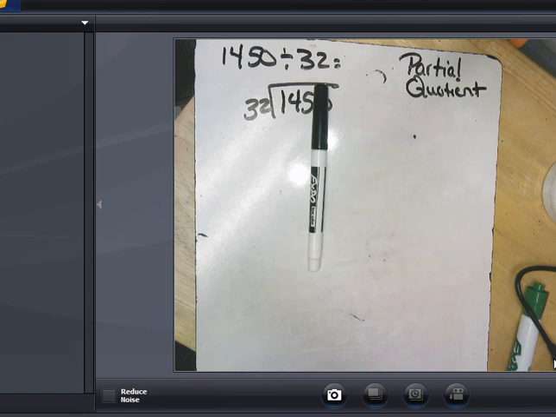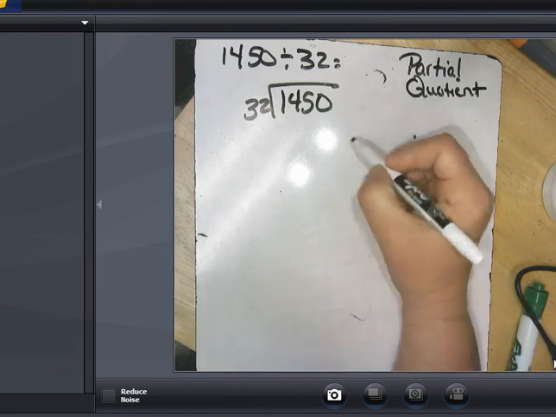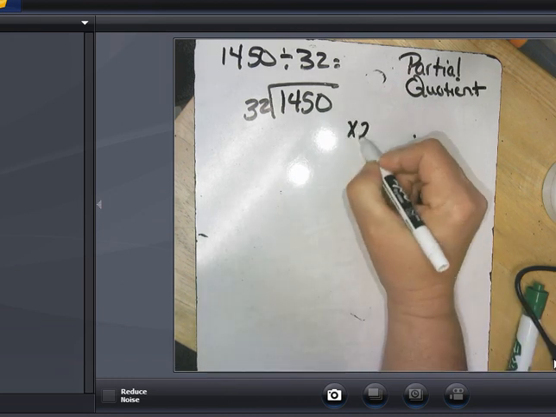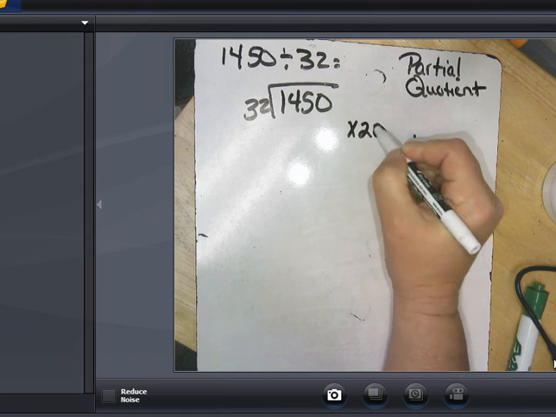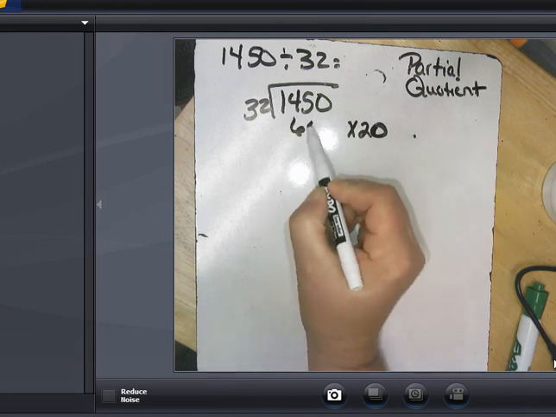Well, I'm going to just try 2 because that's easier. So 32 times 20, because I covered up the 0, I put the 0 in the ones place, and if I double this, I get 640, which I know how to do very easily.